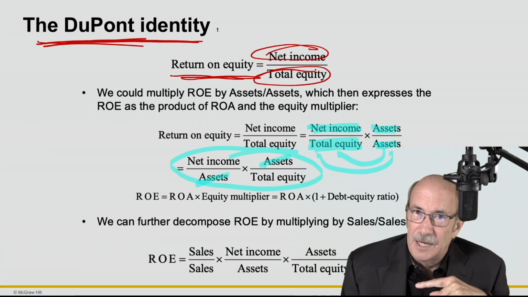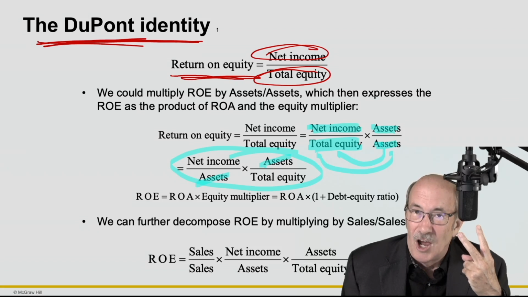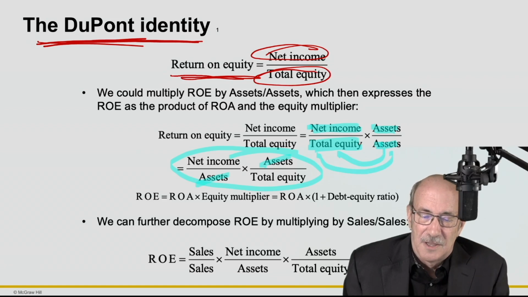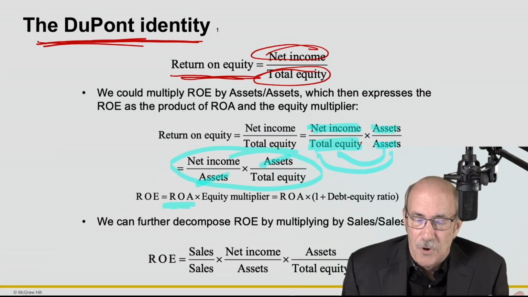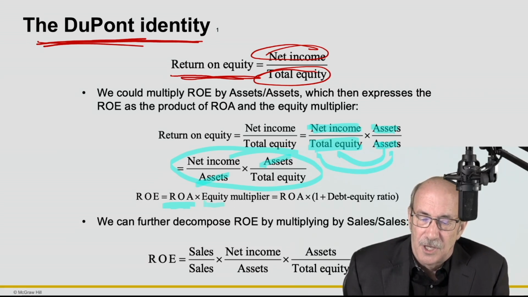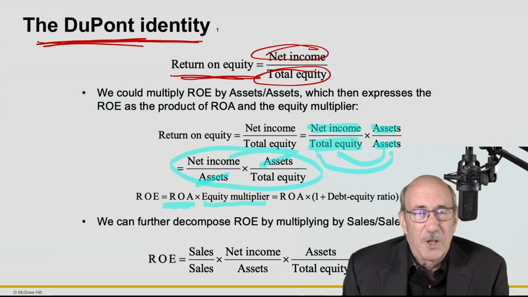Yeah, if you go back to that category 4, that's the second profitability measure, isn't it? It's ROA, return on assets, net income over assets. That's ROA. So now we have ROE as a function of ROA and then this other thing, the equity multiplier.